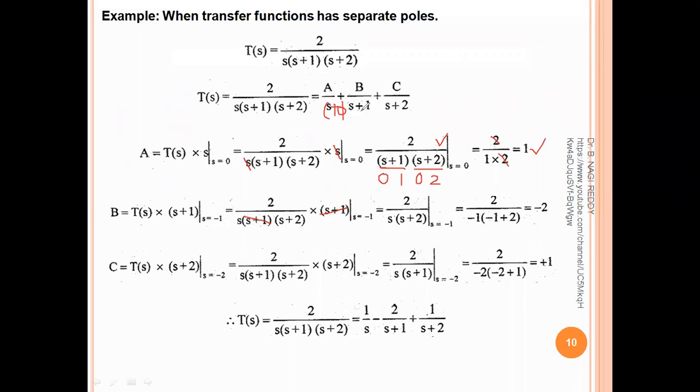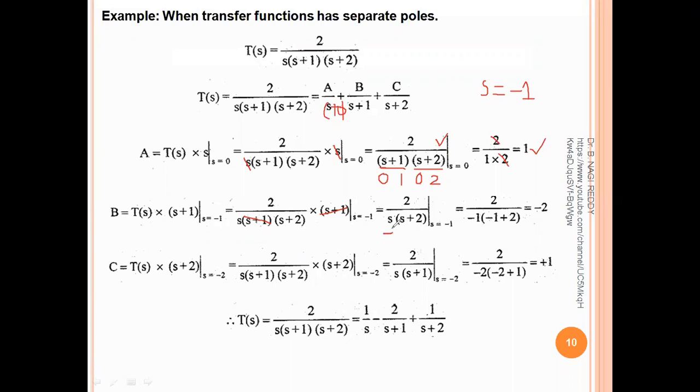Minus 1, because B's denominator is S plus 1, so the pole is S equal to minus 1. After cancelling S plus 1 in the numerator and denominator, we have 2 by S into S plus 2 only.